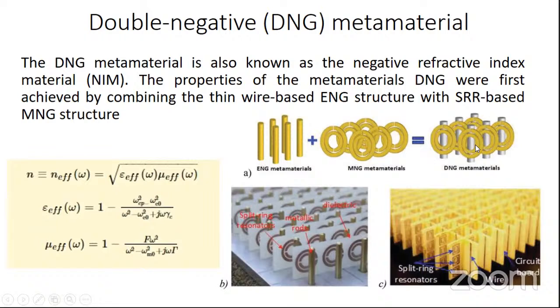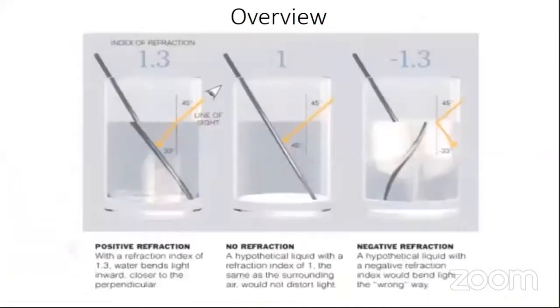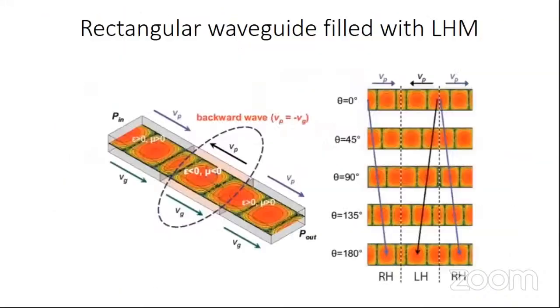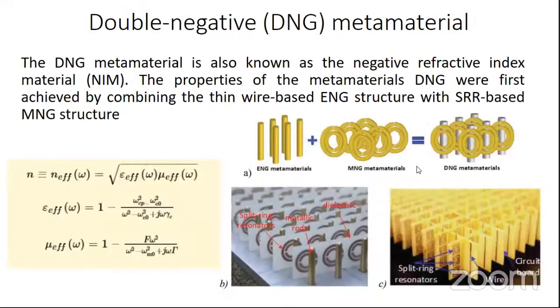The properties of DNG metamaterials were first achieved by combining these two structures. This is the structure that Pendry and Smith realized, a combination of ENG and MNG metamaterials.